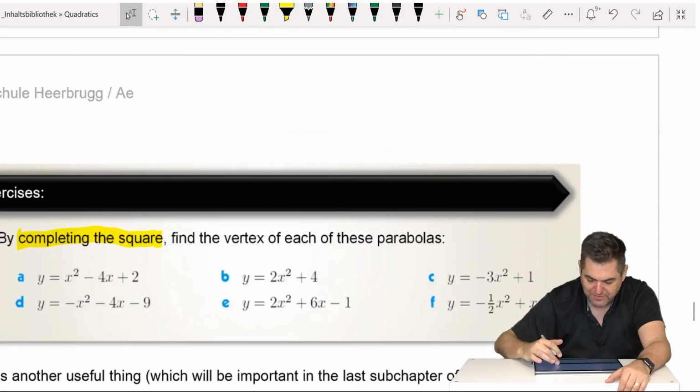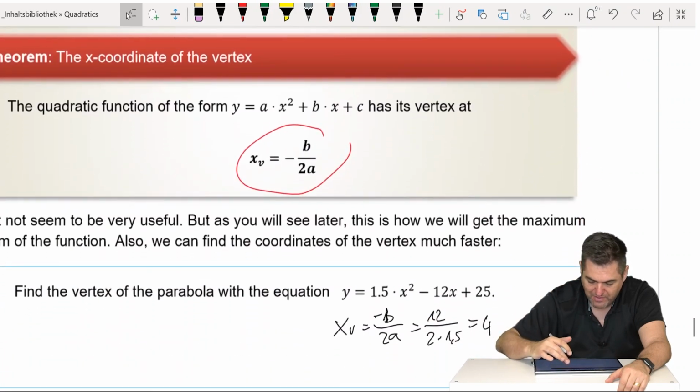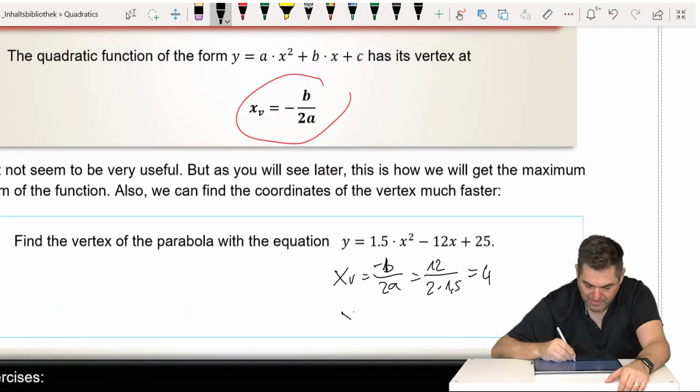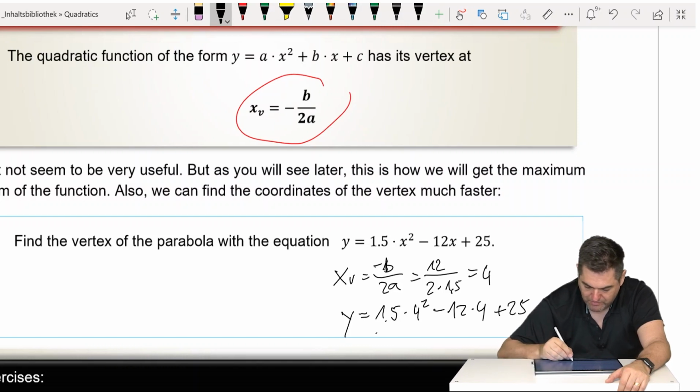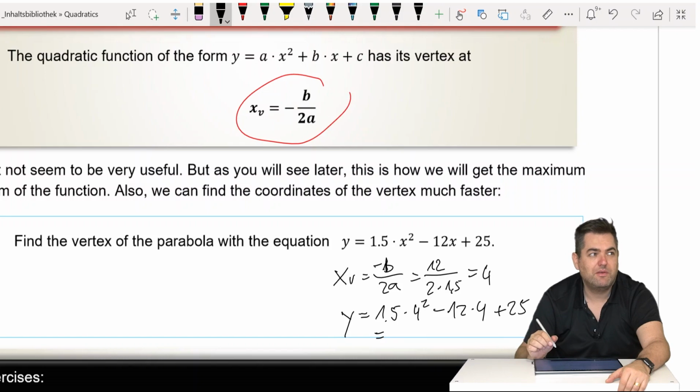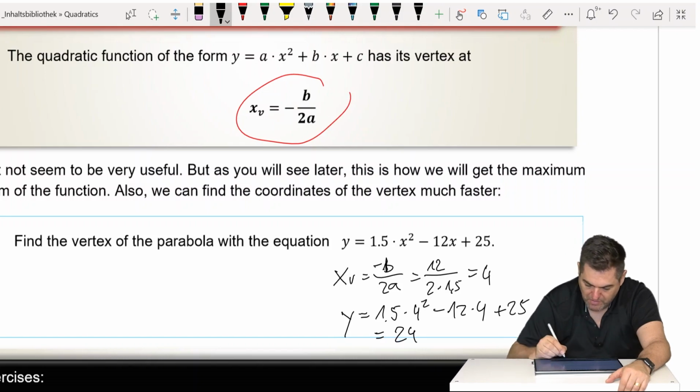And for the y coordinate, I just plug this 4 into the function. So I have 1.5 times 4 squared minus 12 times 4 plus 25. This is 1.5 times 16, 24.